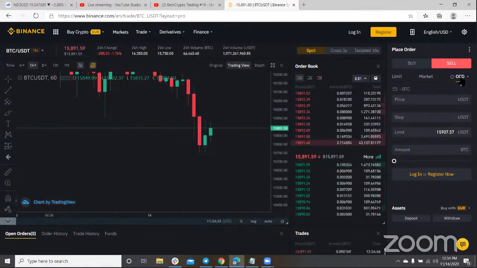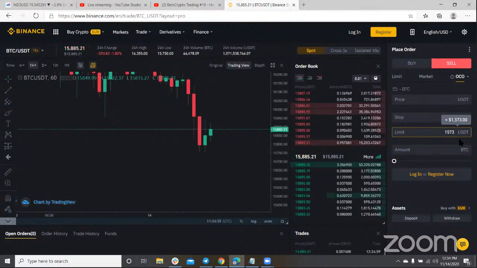tackle the OCO order for just a second. Now, the OCO order is very similar. So the stop and the limit parts are the same. The OCO order is a stop limit order combined with a regular sell order.